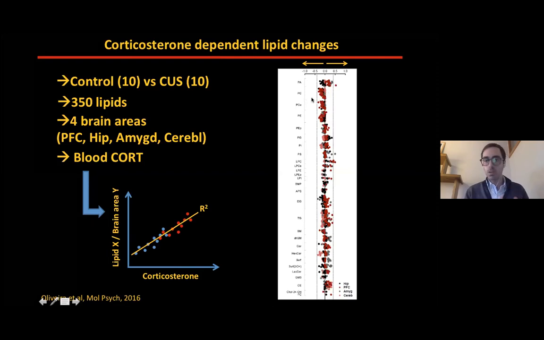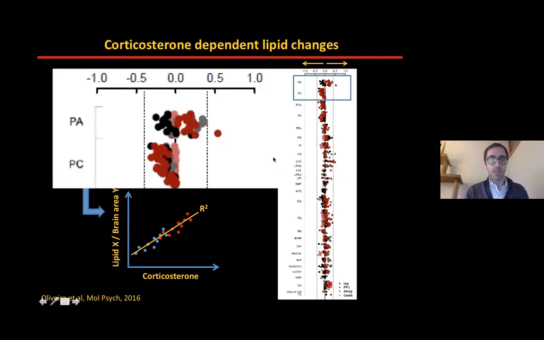And taking a closer look into all this data, we can see, for instance, that in the case of phosphatidic acid, a subset of the species were more to the right, which means more directly correlated, and phosphatidylcholine species more to the left. So this means that phospholipase D activity could actually be increased in this setting.